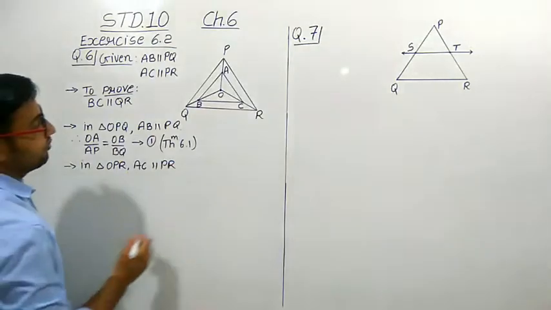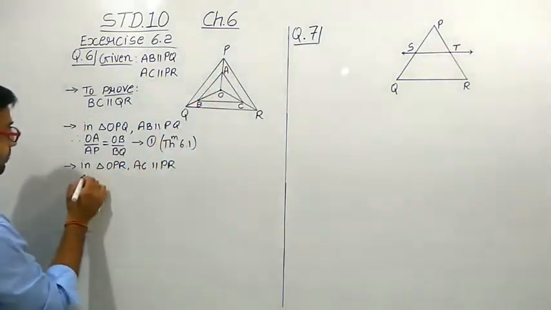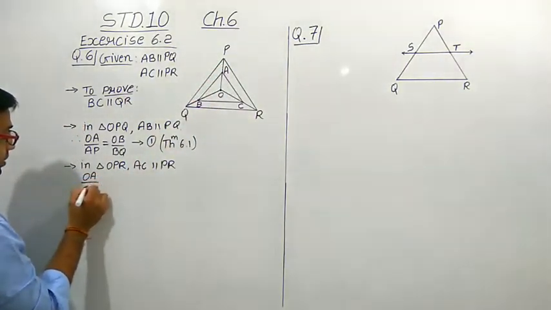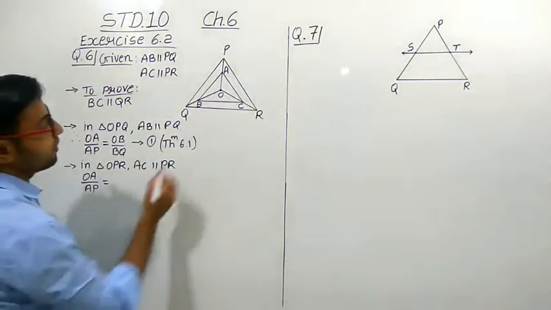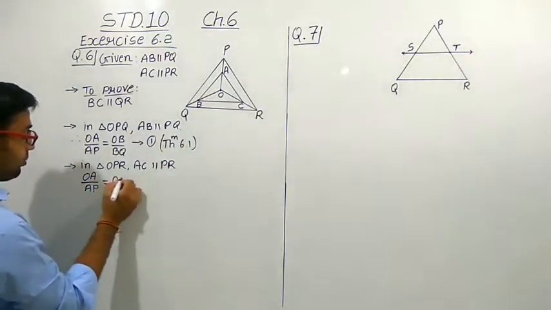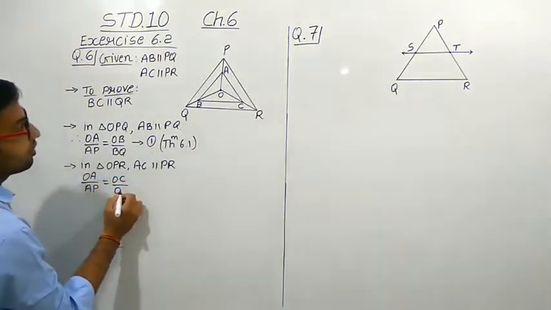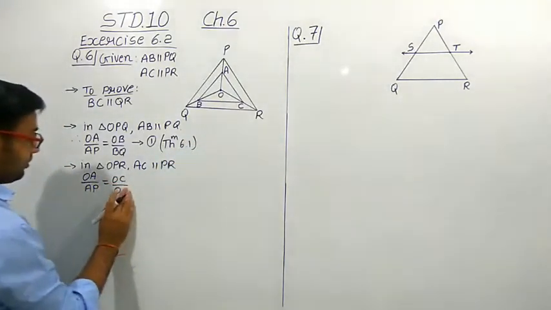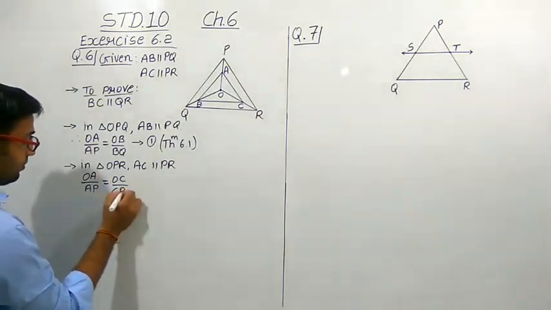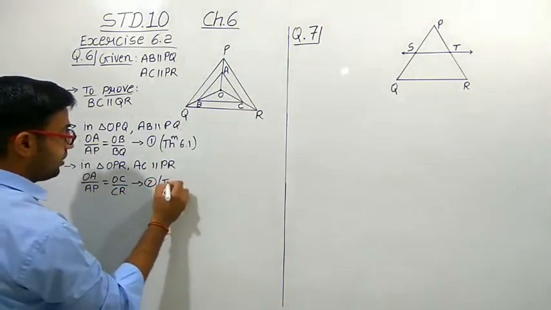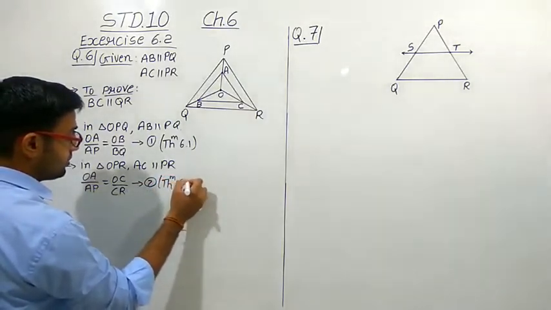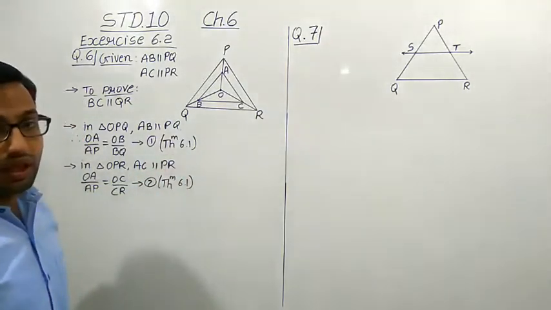So here also we can write that OA upon AP is equal to OC upon CR. Give it equation number 2. Here also we can write this according to theorem 6.1.